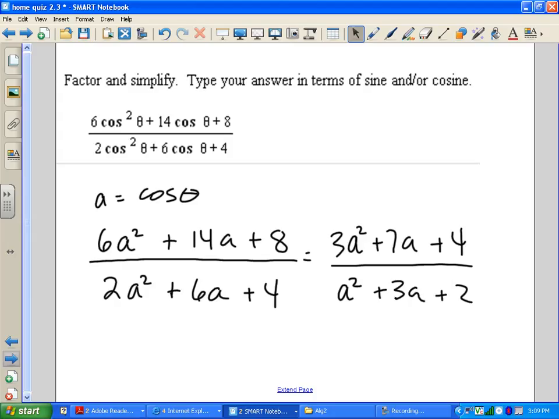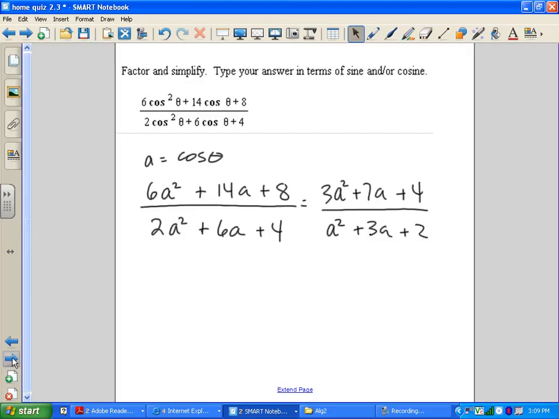Now let's factor that so we can simplify it. So in the denominator there, factors of 2 that add to give me 3 would be 2 and 1. I've got to split the top one. I'm looking for factors of 12 that add to give me 7, which would be 3 and 4.